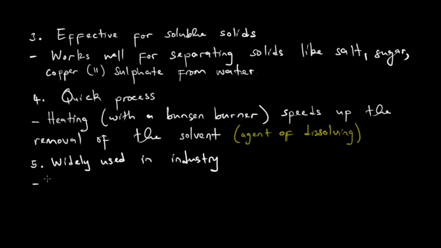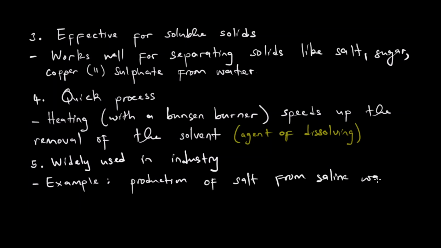Saka, an example panapa, it would be production of salt from saline water, and an example of saline water is seawater. Saka, I'm sure tese tinoziva kuti seawater is very saline. Kana ichiti saline tinoreva kuti it's very salty, mvura yemuocean, mvura yemusea.